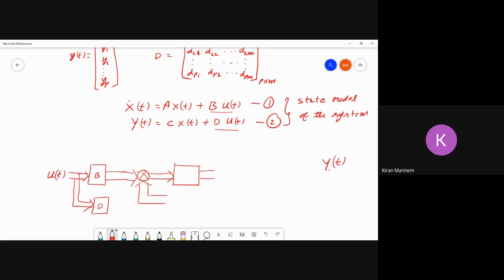Here I am getting B into u of t, so it must be summed up with A into x of t.